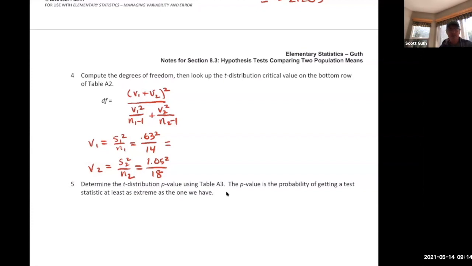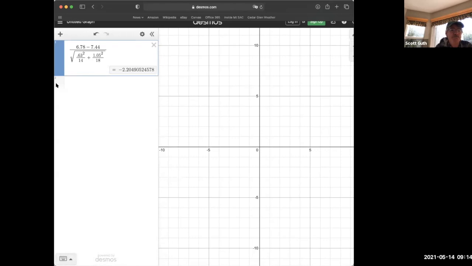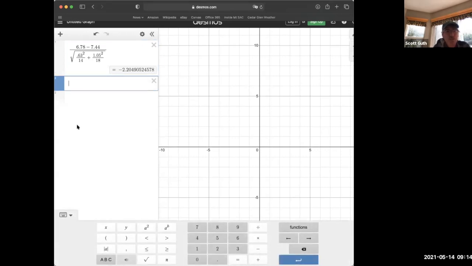So I'm going to pop over to Desmos real quick here. I'll just show you how I'm going to handle this. There's a V1 and a V2, and the problem is you have to do subscripts.